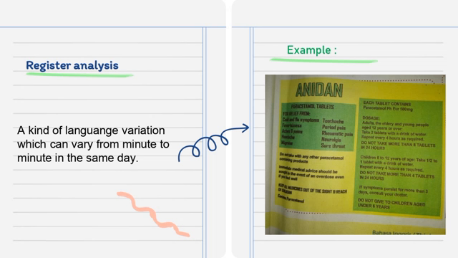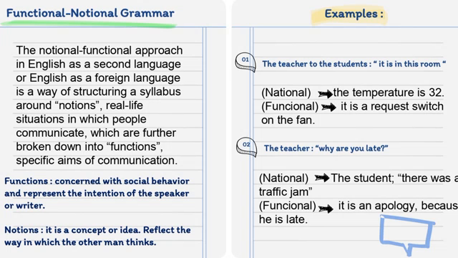So the language used is different here. The main purpose of register analysis is to separate a language that can vary from minute to minute. That's the register analysis.